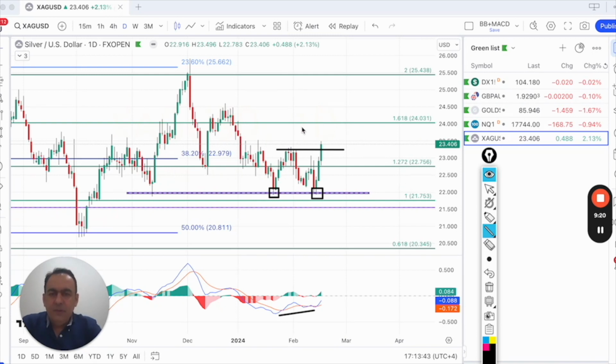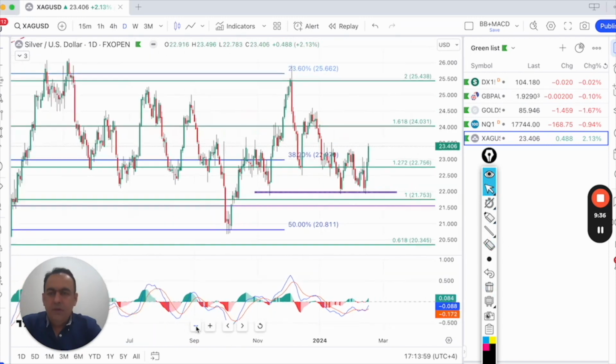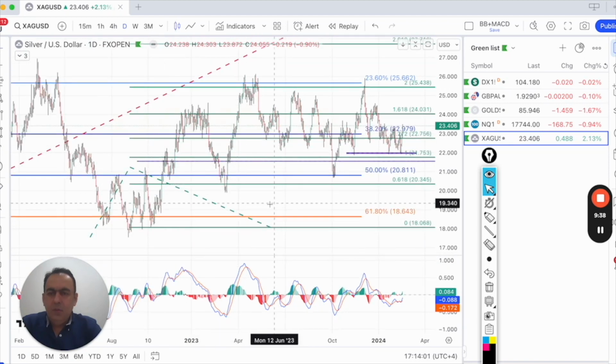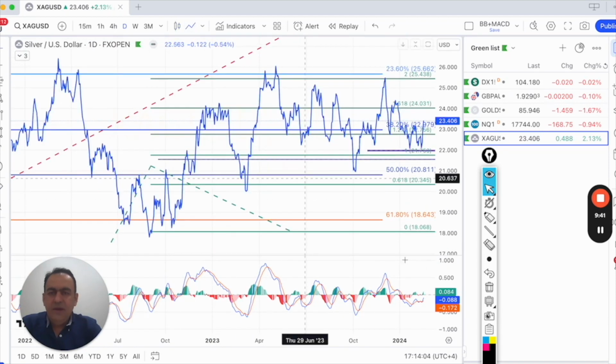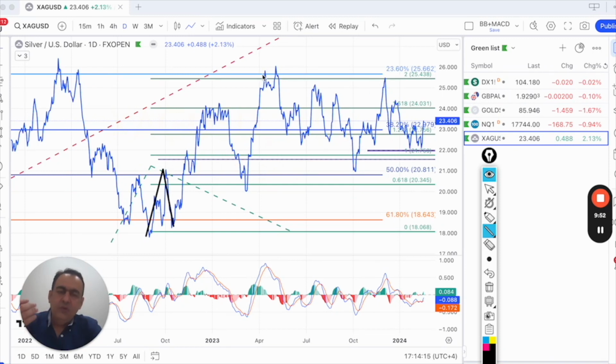Based on the previous extension levels of Fib, the first target would be at 24.03, and if 24.03 is done, then the next target would be 25.43. Here I've applied the Fib extension starting from the lowest point to the first bullish cycle, and here we got the extension of 200%, which was already completed.